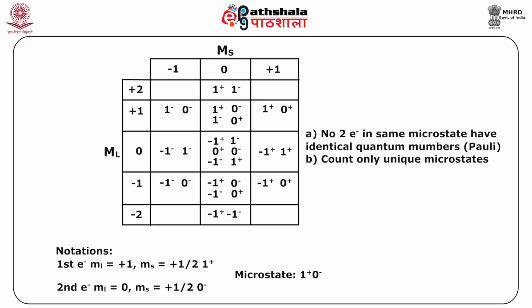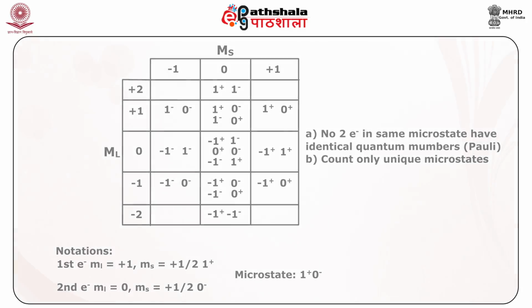For the second electron, the value of ml is equal to 0, ms equal to +1/2. It is represented as 0+. The microstate here can be represented as 1+ 0+.